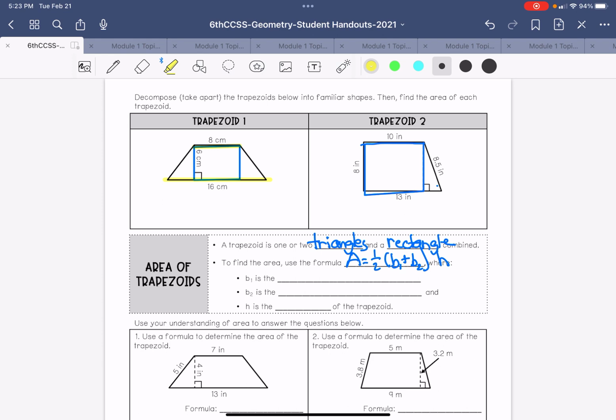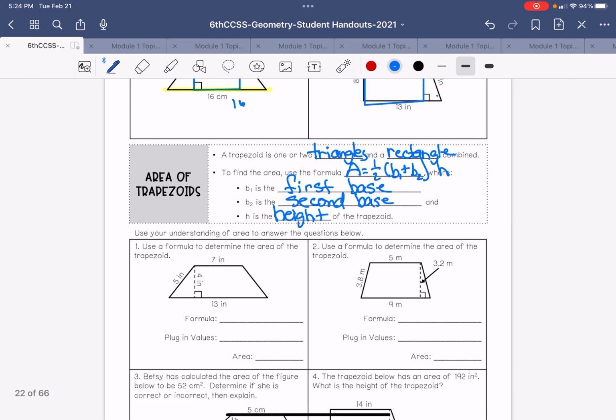The top base on this one is equal to 8 and the bottom base is 16. So base 1 is the first base. It doesn't matter which one, can be top or bottom. And the other one is the second base. So you're going to have two different measurements that you're adding together, and h is the height.